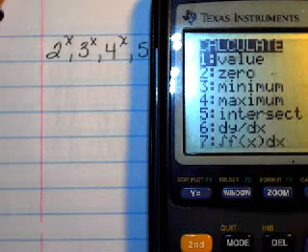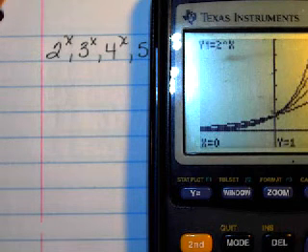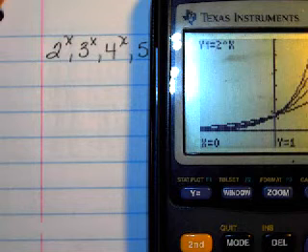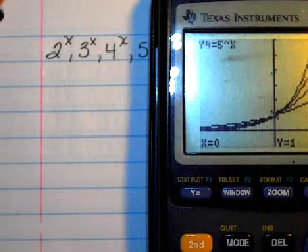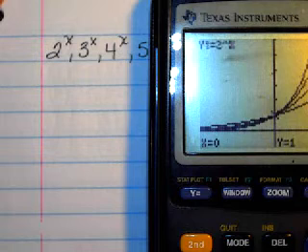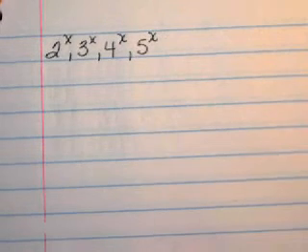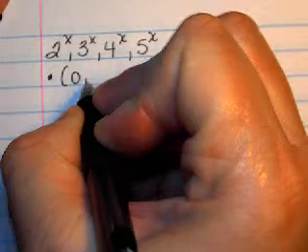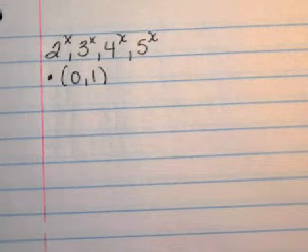If I put in the calculator 0, it goes through 0 and 1, and that's the point they have in common. So if I was to change to all the graphs, you'd see it never changes. There's 2 to the x, 5 to the x, 4 to the x, 3 to the x, 2 to the x. So it goes through 0 and 1. So my first point asks what point do they have in common. They have 0 and 1 in common.